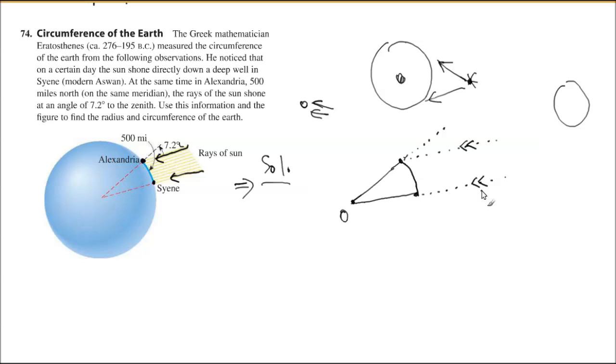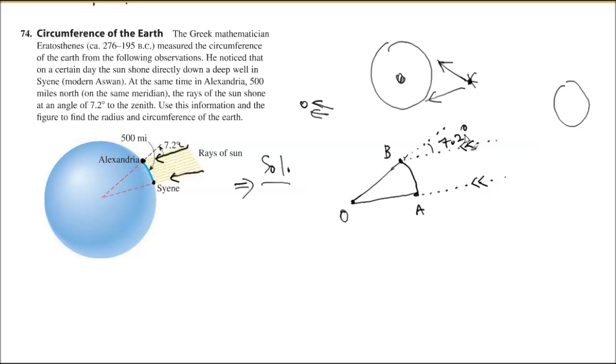Okay? And what else do we know about this point A and point B? This angle in here, right? They gave 7.2 degrees. We want to know about the circular sector. What do we want to know about the circular sector? The formula S equals r theta, right?